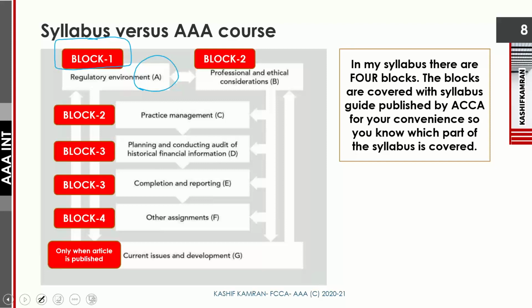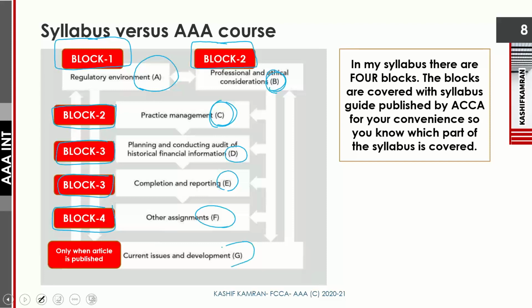For the syllabus area B and the syllabus area C, I have referred to my course as block 2. So block 2 covers syllabus areas B and C. Then I have a block 3, which covers the syllabus areas D and E. Then I have a block 4, which covers the syllabus area F. So I have divided my course into 4 blocks.